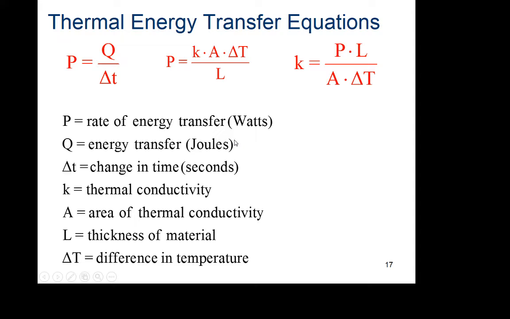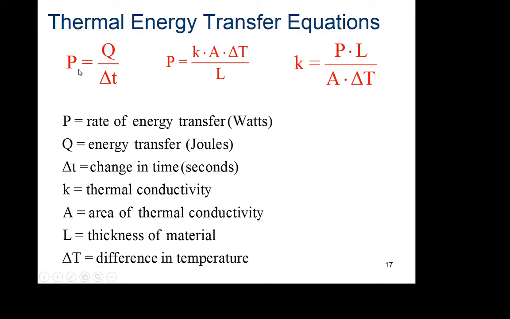So we've got a couple other equations. All of them look kind of scary, but all of them are not a whole lot different than what we have here. The first two are other ways to calculate the rate of energy transfer. So that's also another way to think of power or watts.